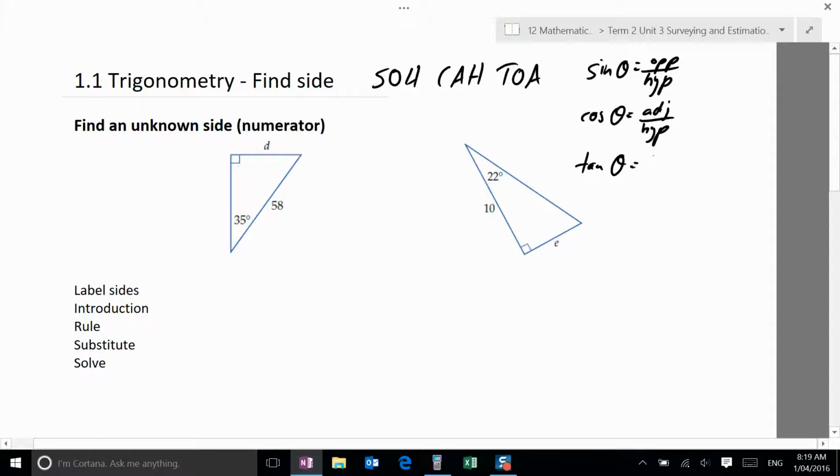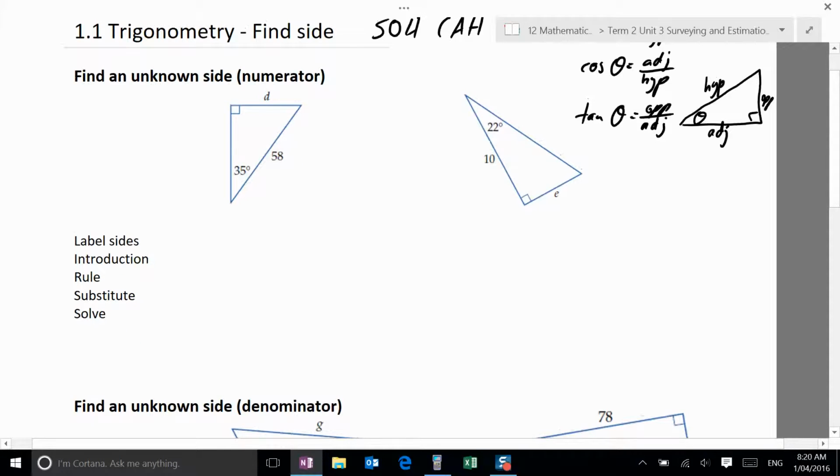Tan of the angle is the opposite side on the adjacent side. And just so that we also remember, if my angle is here, the angle that I'm finding the sine or the cosine of, this is the hypotenuse, this is the opposite side, this is the adjacent side.